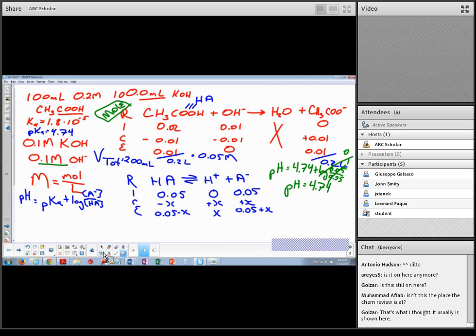Isn't the H plus concentration equal to the OH minus concentration? Right. Okay, the equivalence point, that's where H plus concentration equals OH minus concentration. So we'd have to add just enough of the base to completely neutralize the acid without going over.